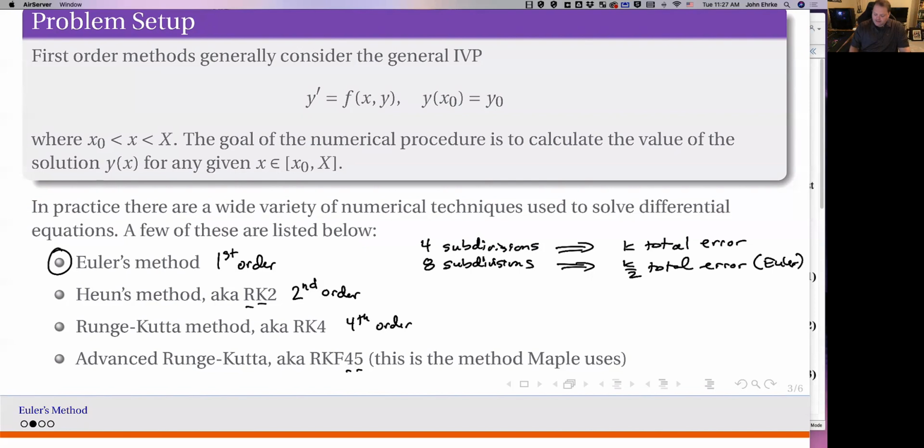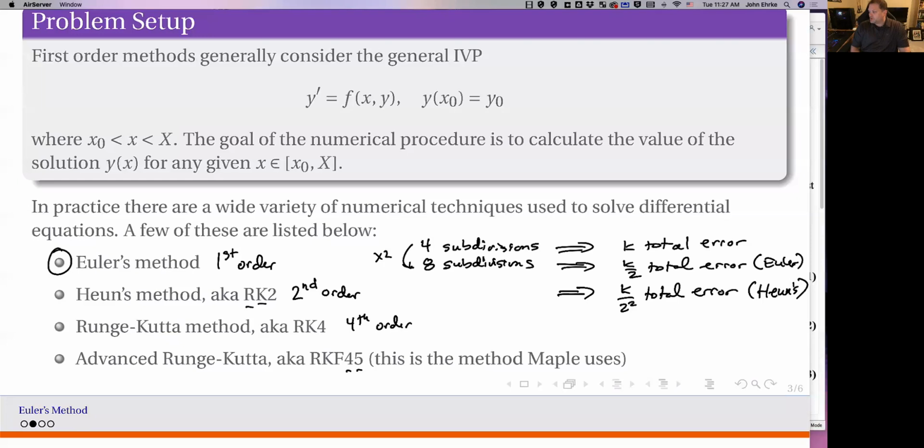But if you had Heun's method, which is a second order method, what you would actually get there is if you multiplied by 2 here, it would do 2 squared, or 4 total error. It would drop the error by a factor of 4.